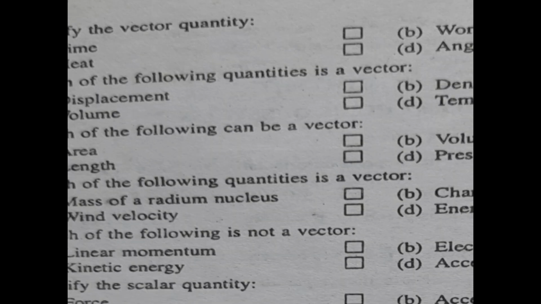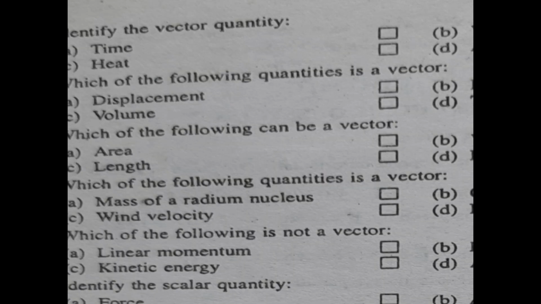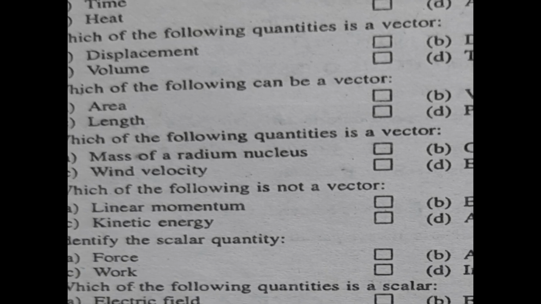Such as identify the vector quantity: time, work, heat, angular momentum. Which of the following quantity is a vector: displacement, density, volume, temperature. Which of the following can be a vector: area, volume, length, and pressure.